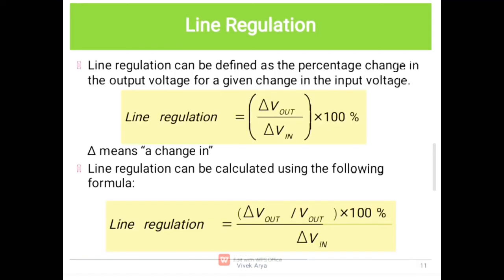Line regulation can be calculated using the following formula: change in output voltage divided by change in input voltage, multiplied by 100.